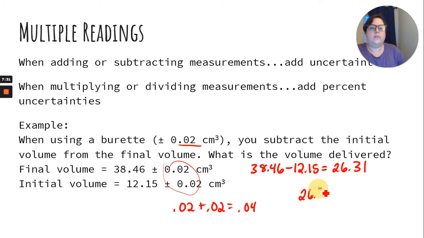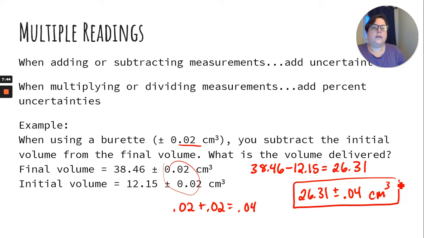So we would record that value added, or the volume of the liquid added, as 26.31 plus or minus 0.04 centimeters cubed. So when you're working on your IAs, make sure that when you're taking the average of values or you're subtracting the volumes, that you're including that uncertainty correctly.